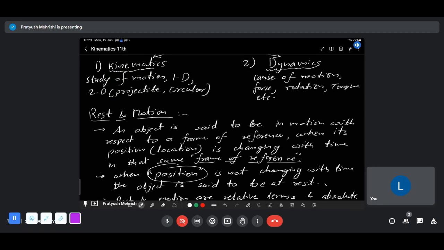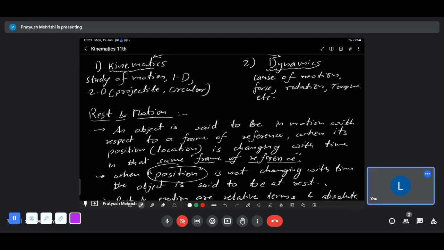An object will be said to be at rest or in motion with respect to a frame of reference. What do you mean by frame of reference? Do you remember something about frame of reference?